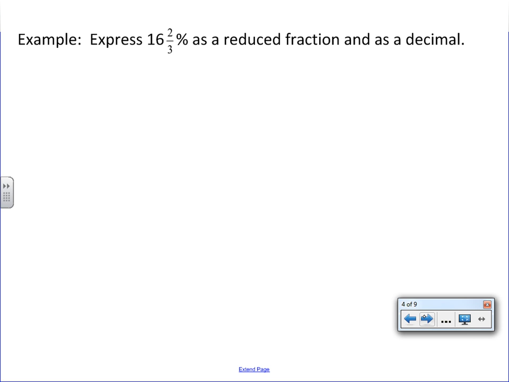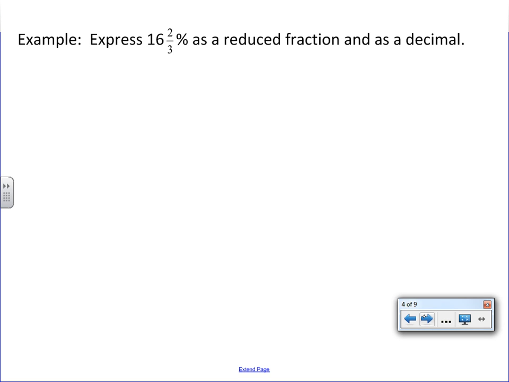Express 16 and 2/3% as a reduced fraction and as a decimal. So the first thing it asks us to do is to write it as a reduced fraction. We just talked about on the last slide that to change a fraction to a percent, we multiply by 100.